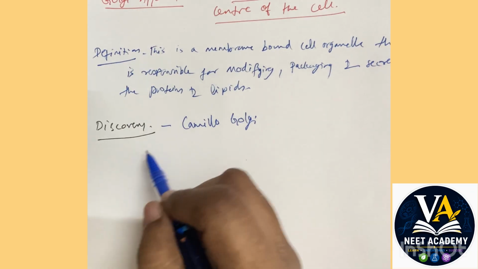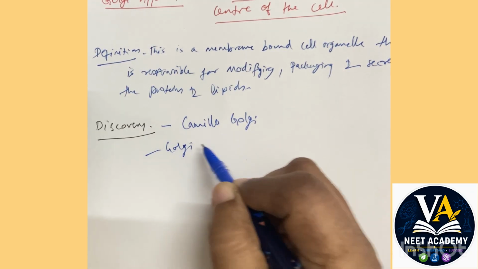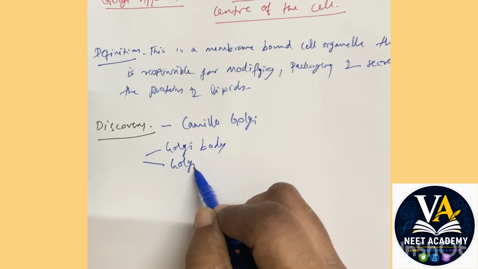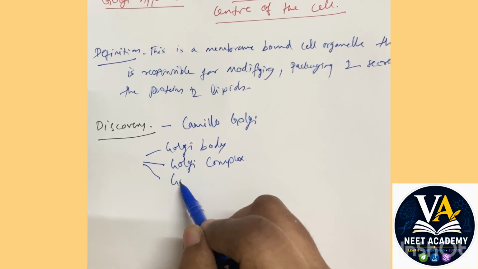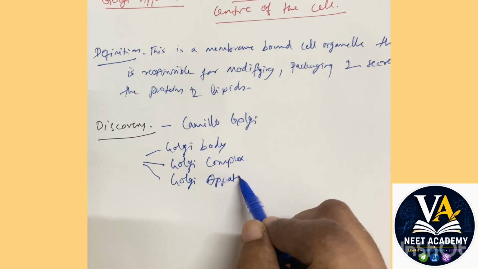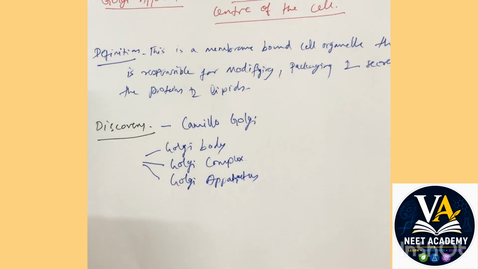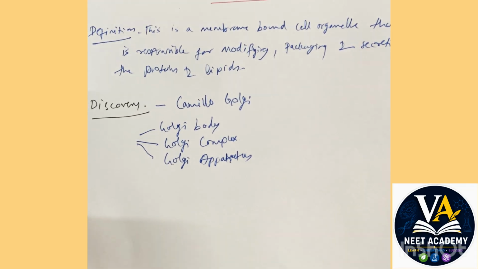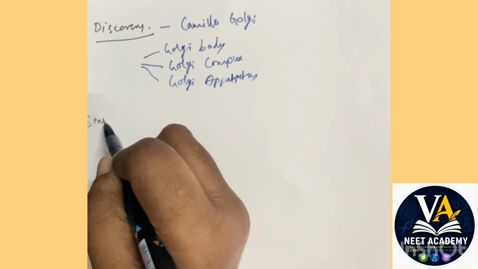Okay, now this is also called Golgi body, Golgi complex or else Golgi apparatus. Okay, either way it all means the same. Clear students? Okay, so let us move on to the structure of Golgi apparatus.